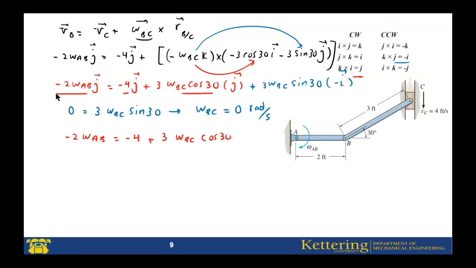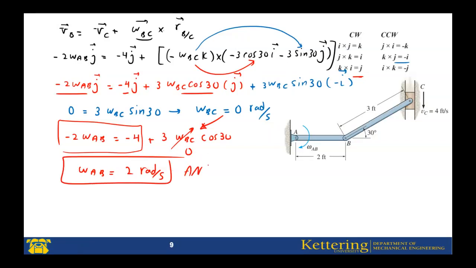Left-hand side equals right-hand side. This term is 0. Why? We found it in the previous equation. Minus 2 omega AB equals minus 4. Omega AB is 2 radian per second. This is the answer.